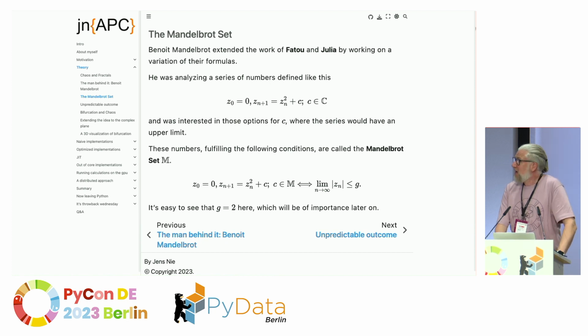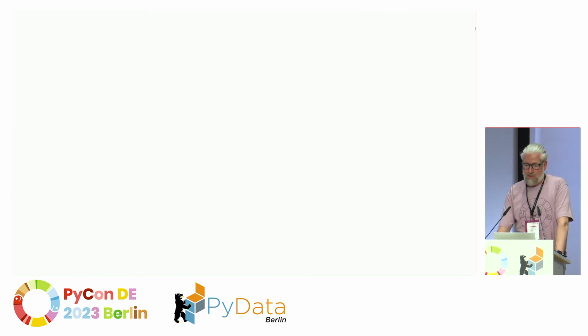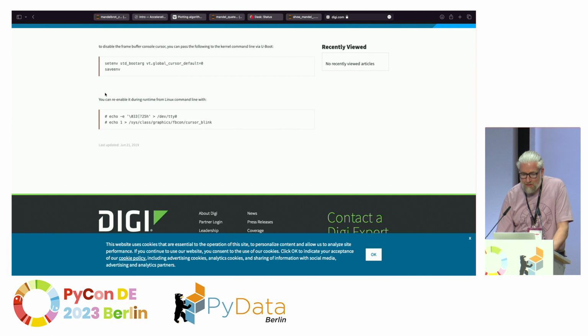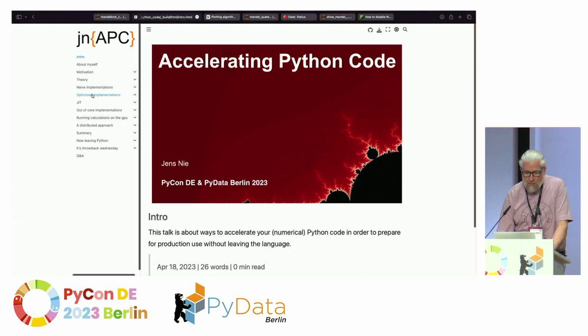So let's have a look at some examples for that. And there, it's all gone. And I don't know why. Let's see if we can find another. Always have a backup.